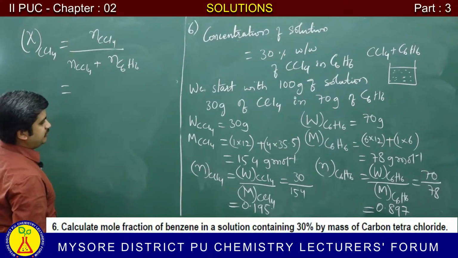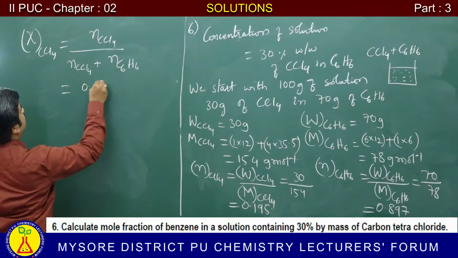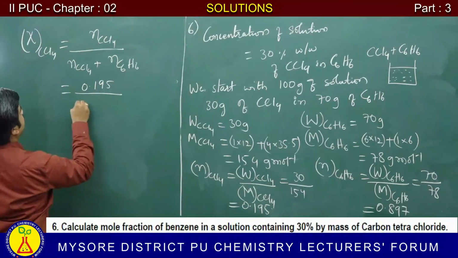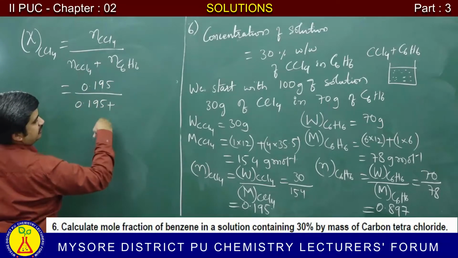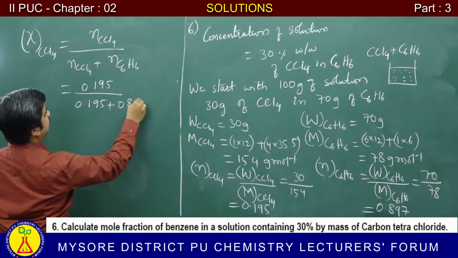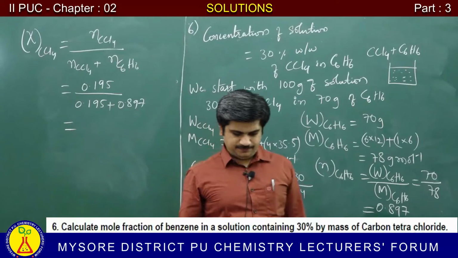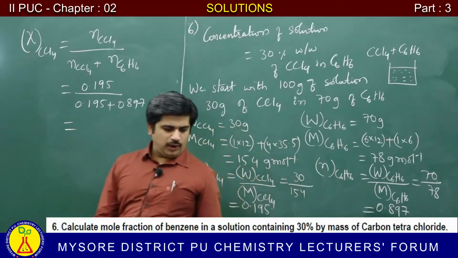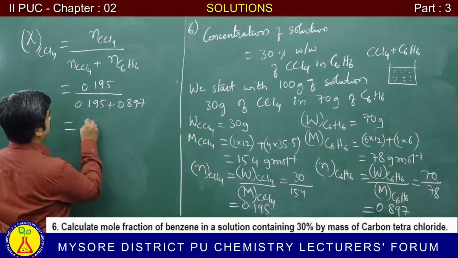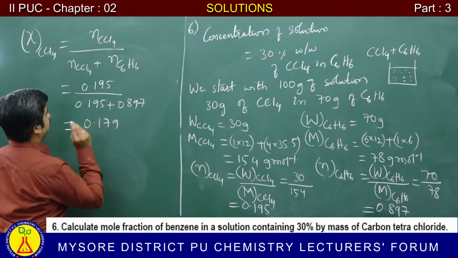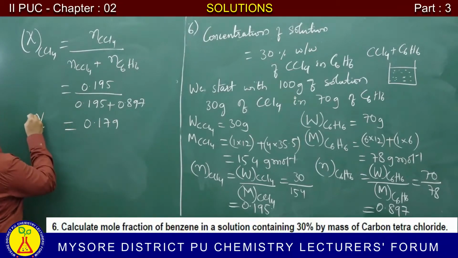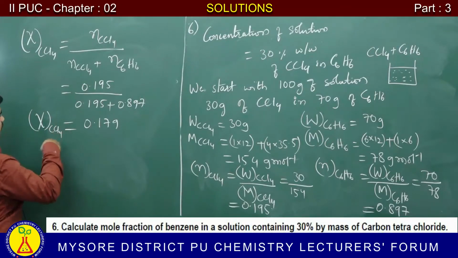Okay, the number of moles of carbon tetrachloride is 0.195, divided by 0.195 plus 0.897. So if we simplify this, we get 0.179. This is the mole fraction of carbon tetrachloride.